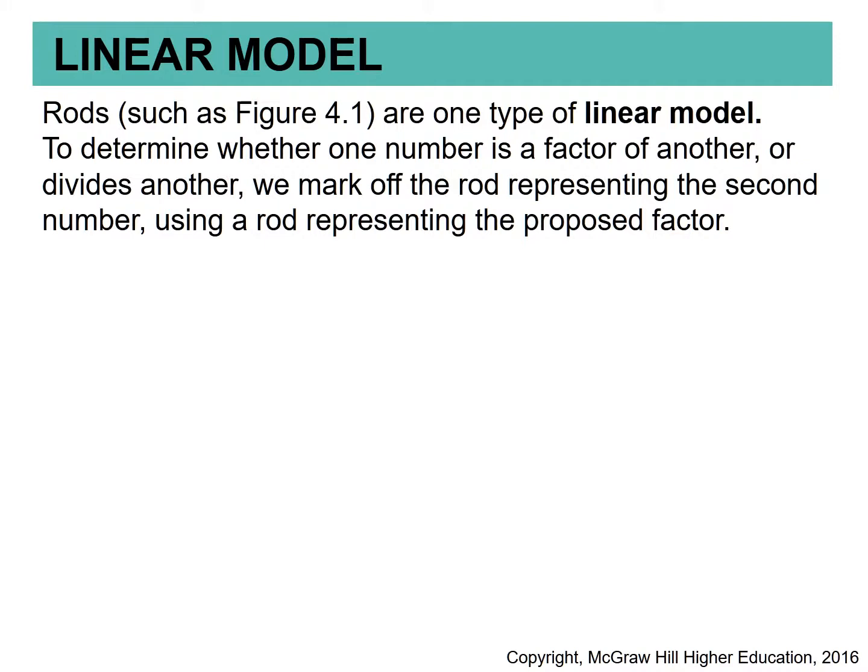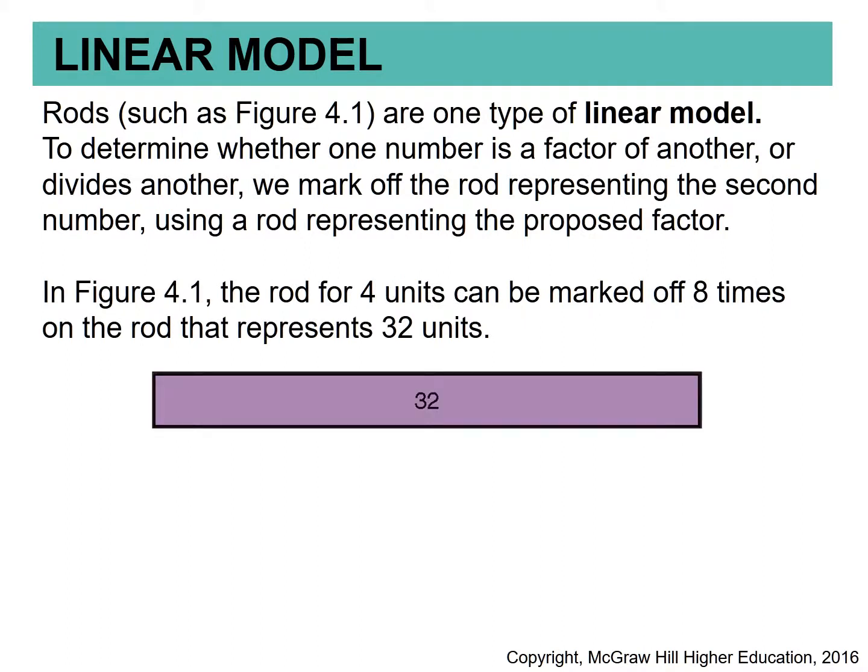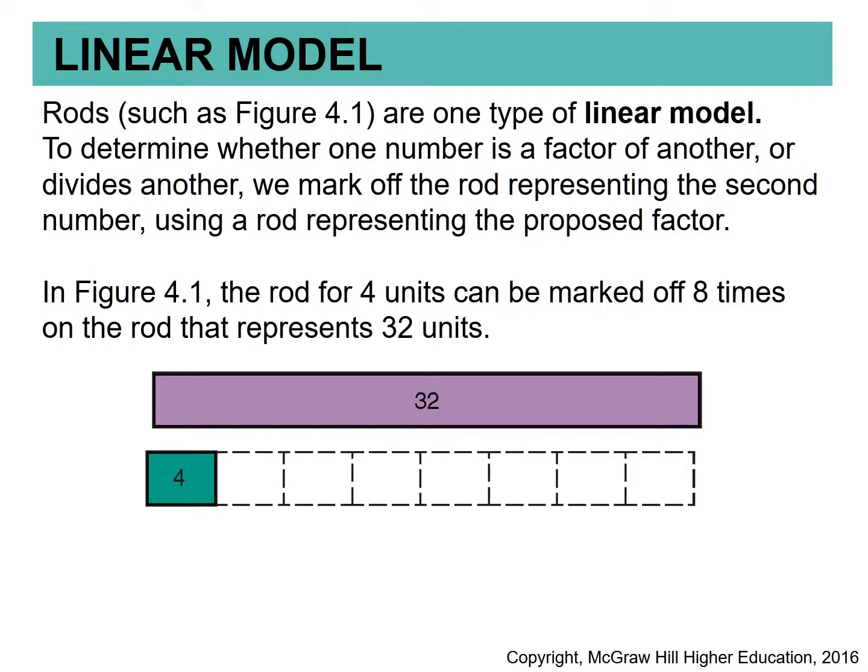So we have different kinds of models, and one of them is a linear model. Usually we can illustrate this with a rod that would be 32 units long. Since I can take a rod that is 4 units long and put them together to make a rod of the same length, then I know that 4 is a factor of 32.